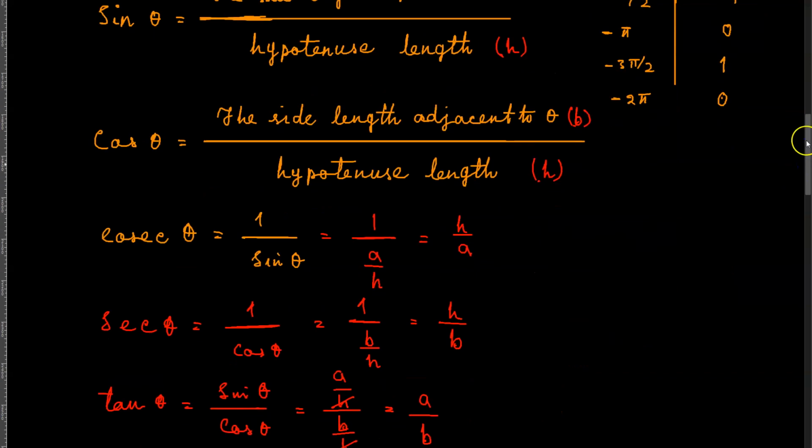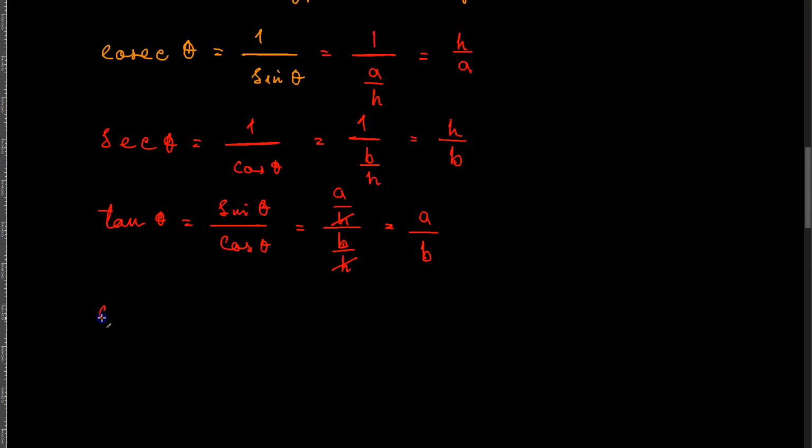And then there is the cot of theta. You could say that the cot of theta is the same thing as the reciprocal of tan, meaning that 1 over tan theta. And what is tan theta? Sine theta by cos theta.